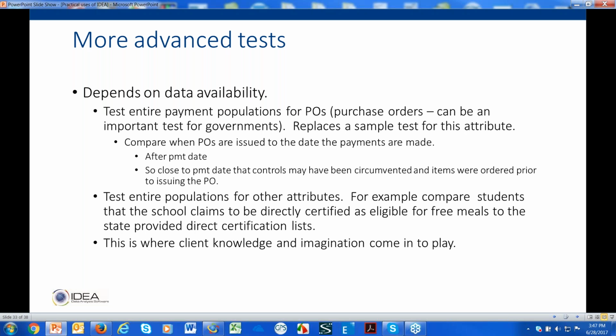And in New York, at least, there is a direct certification process where I think the state has an online list of who's eligible by zip code for free and reduced lunch, or the free, and the schools go in and import that into their free and reduced program, and they're already automatically free.